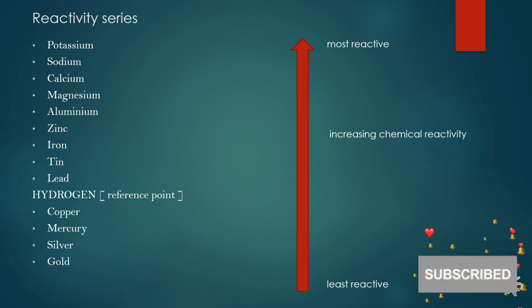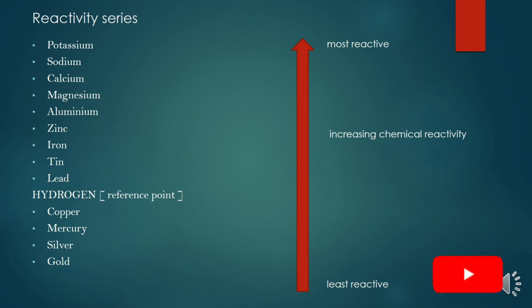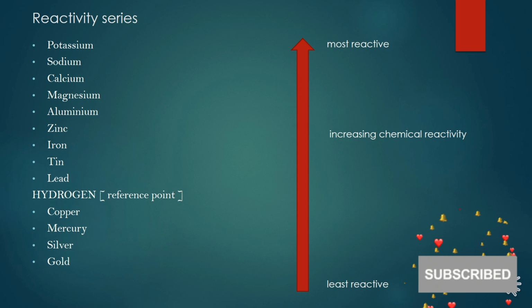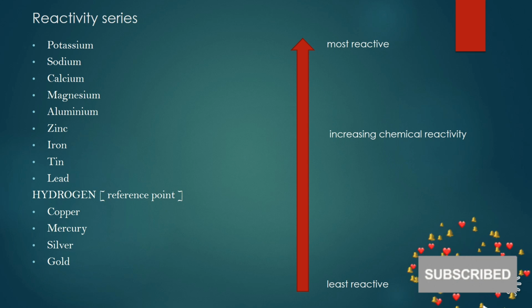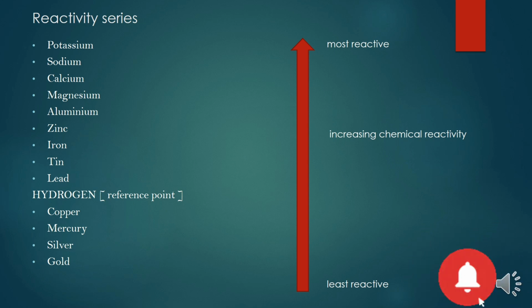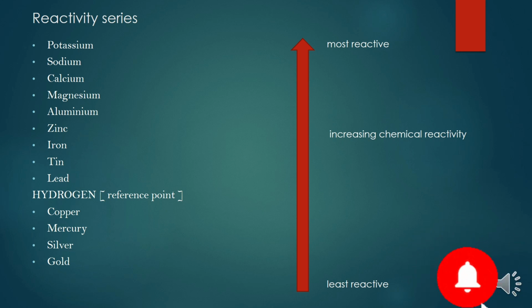When you look at potassium and sodium, these are metals from group 1, and group 1 elements are more reactive on the periodic table. Potassium, from group 1, is said to be reactive because it easily gives out its outermost electrons whenever it reacts.